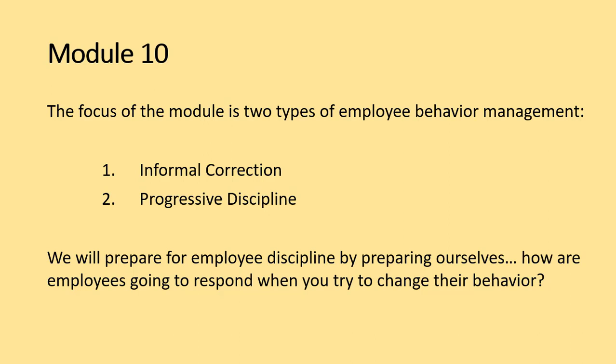Now, it's not unusual for someone to be nervous or a little unsure when they have to confront someone about their behavior. It can be uncomfortable even for human resources professionals. So the more we know about how an employee may react to us, the better prepared and the more confident we're going to be in that situation.